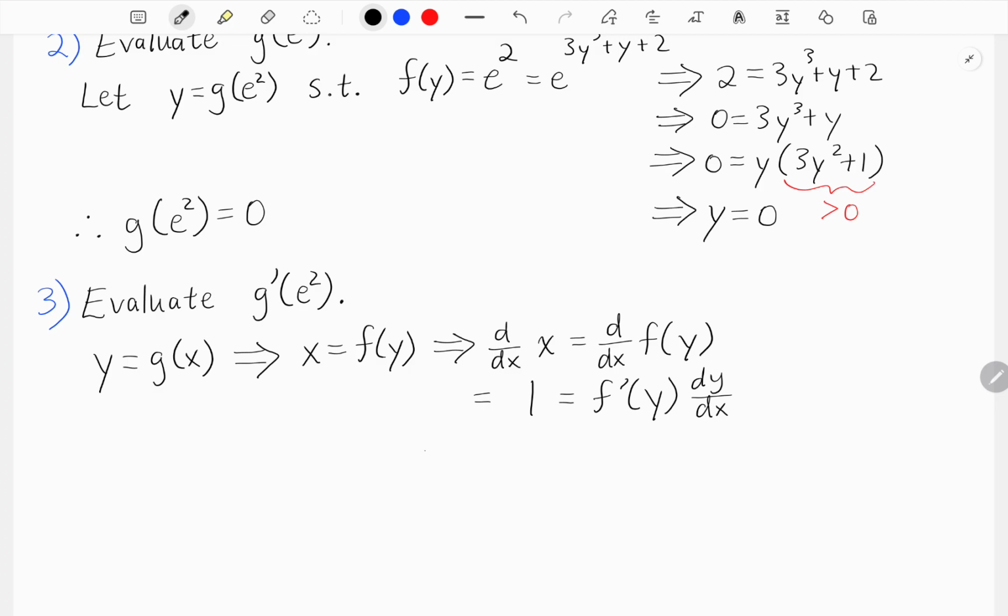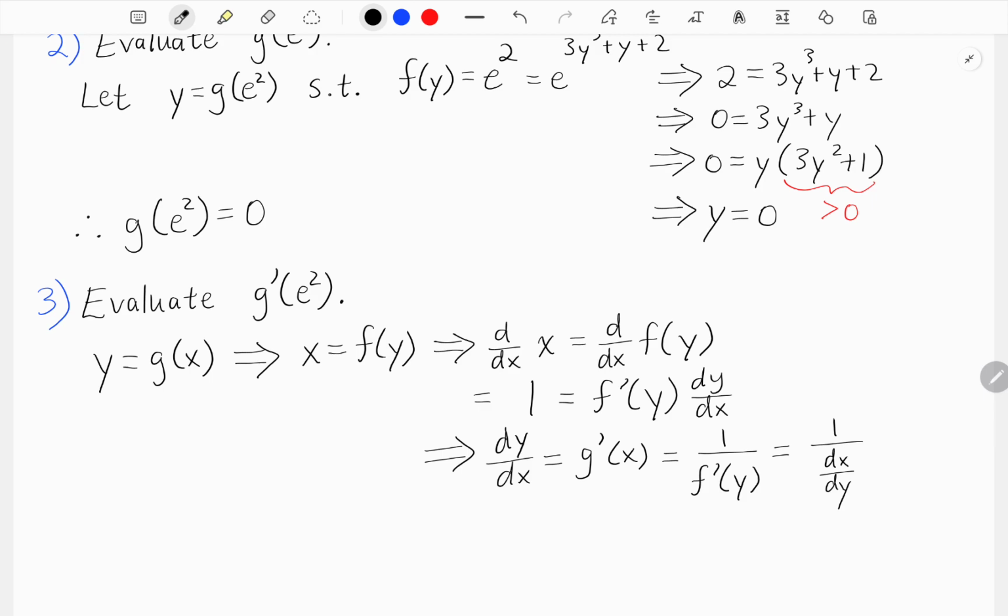So which implies that dy over dx is equal to g prime of x. Right here, dy over dx is g prime of x, which equals 1 over f prime of y, which is actually dx over dy.